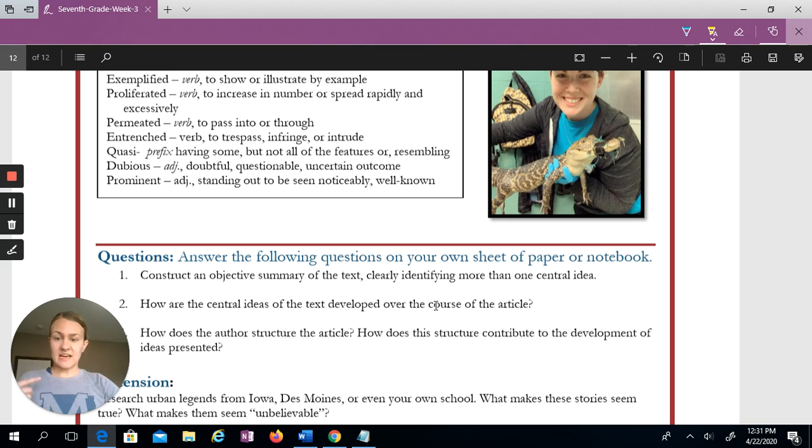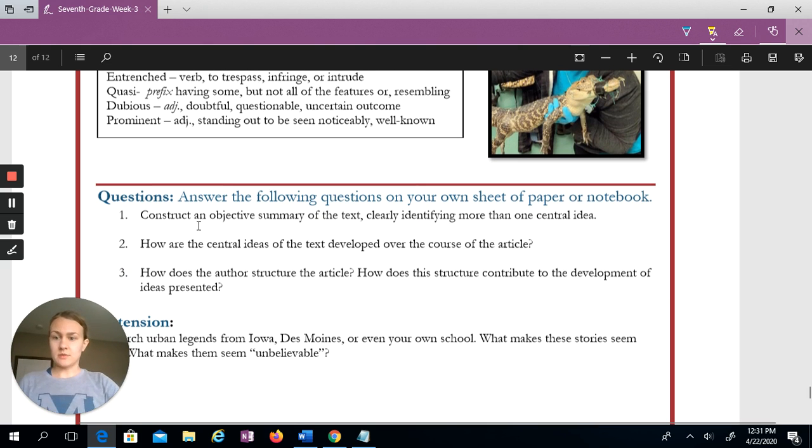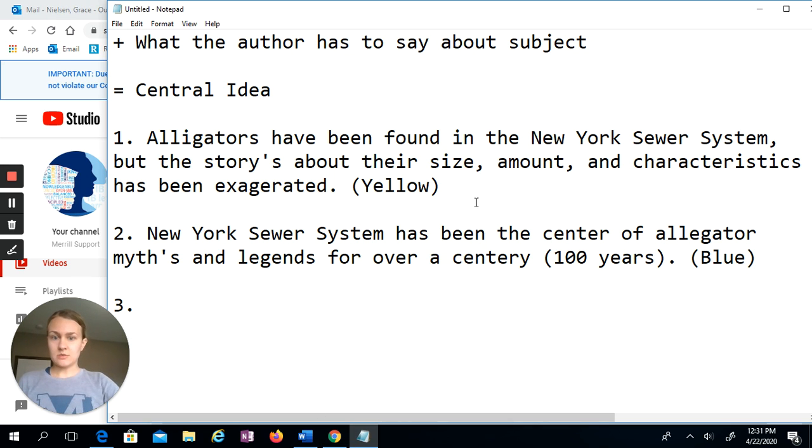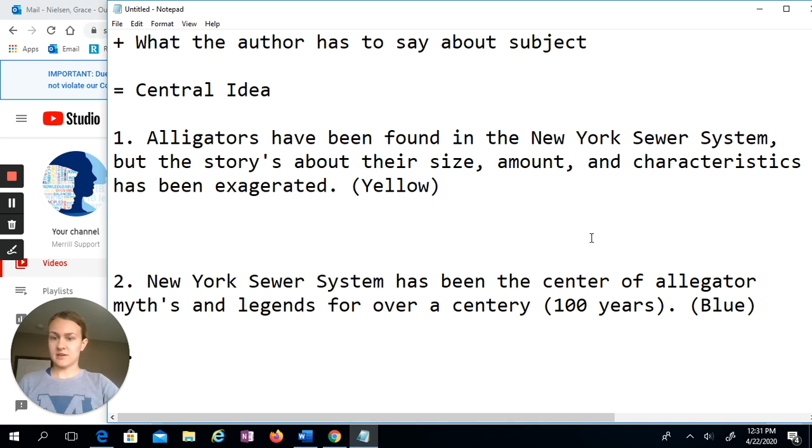Okay, so that's what I would do here. Go back, look at your quotes that you found throughout the article, and explain to me how that central idea develops over the text in 2 to 3 sentences. Okay, you can even put it in your notes. You can just type in here. Okay.